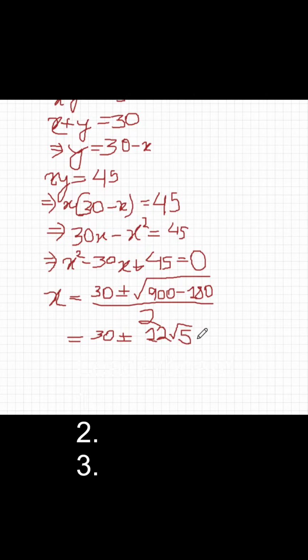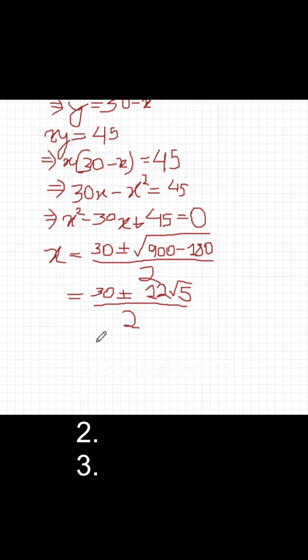So this is the form it is in. 720 is basically 144 multiplied by 5, and 144's root is 12 and 5's root is root 5. So 12 root 5 is the simpler form, divided by 2.